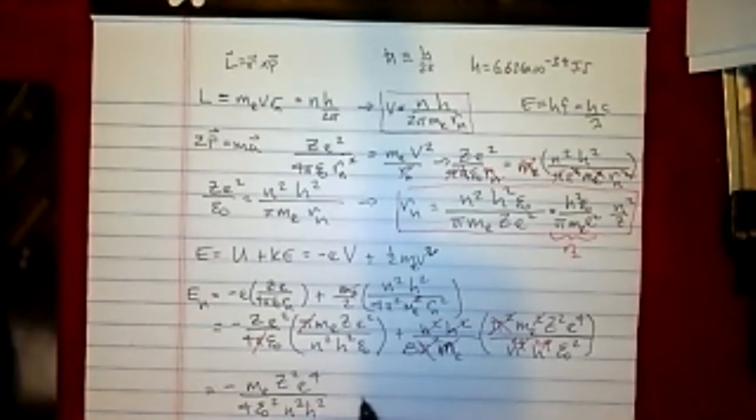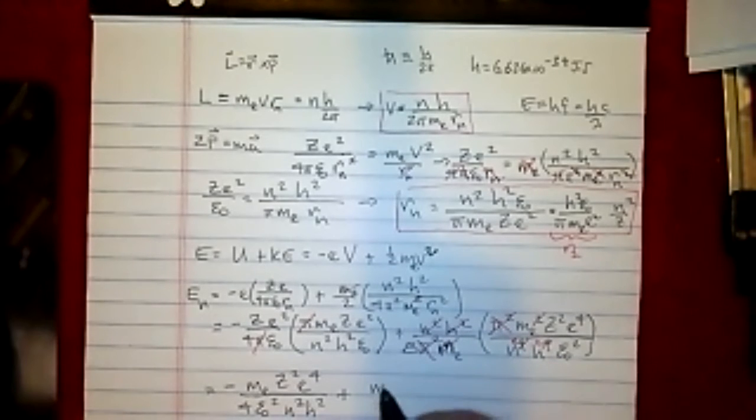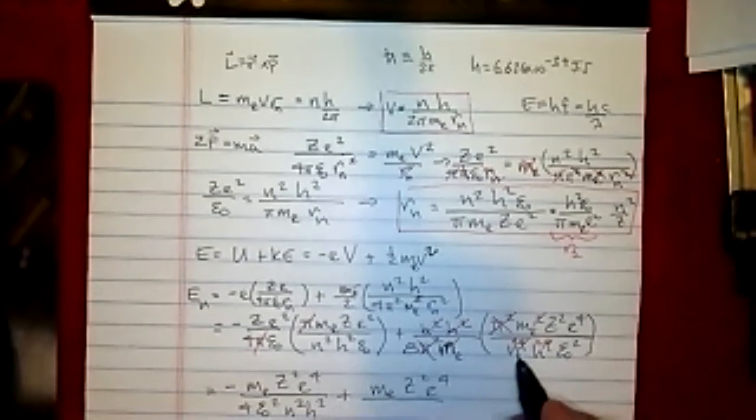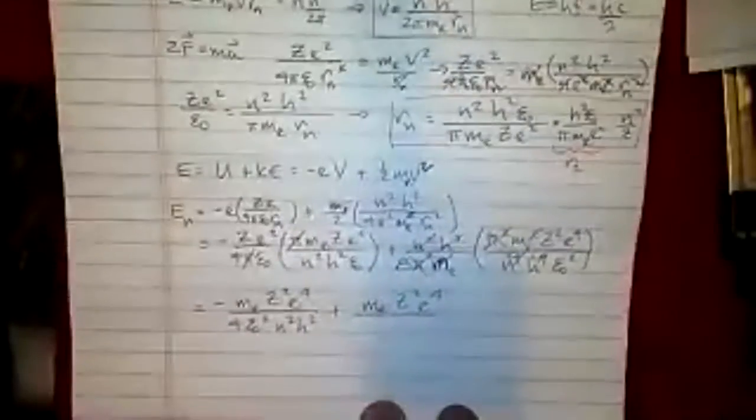Yes. Now I have plus over on this side. There's no n's or h's left on top. There's no pi squareds, but there is an m sub e. So I'll write the m sub e, the z squared, which is good because it looks just like that. The e to the 4th power, which is good. It also looks like that. Then I have an n squared, running out of space on the page.